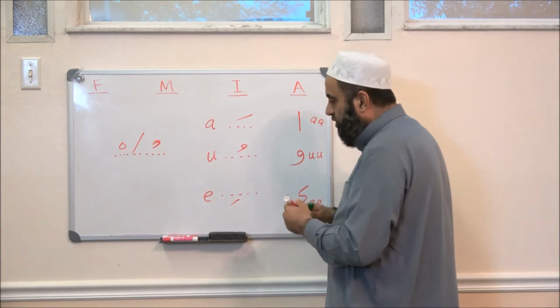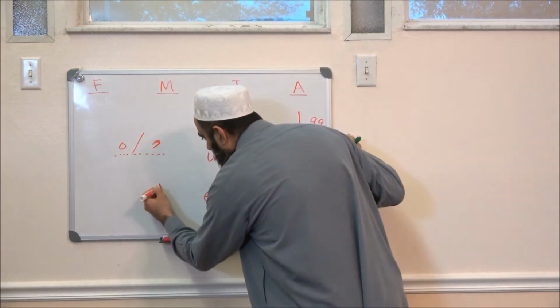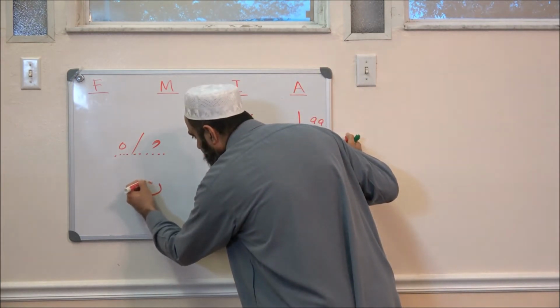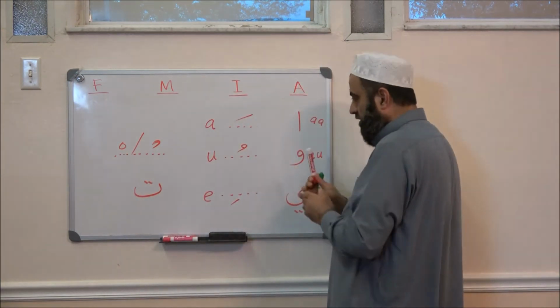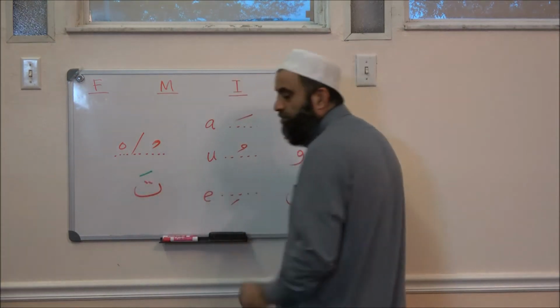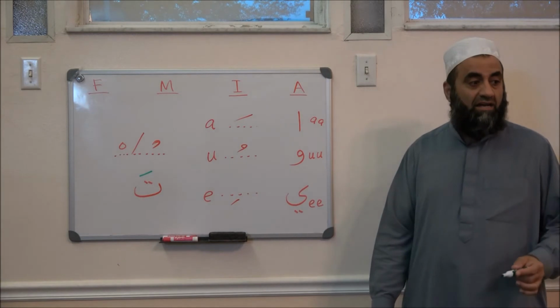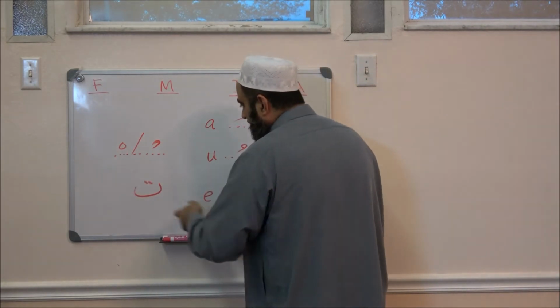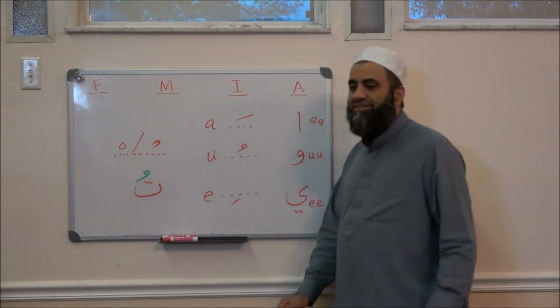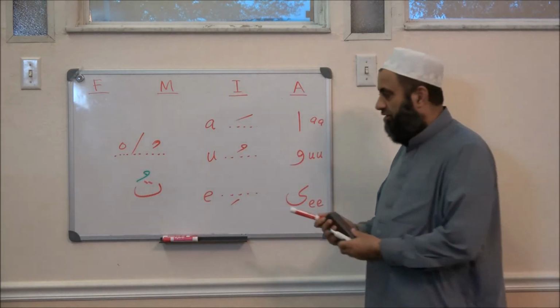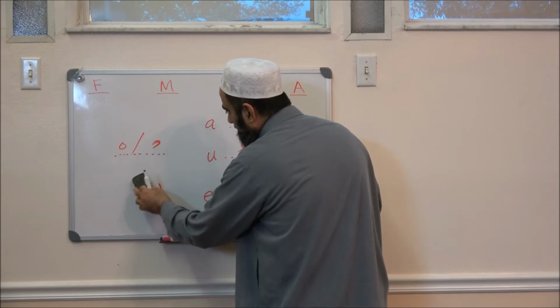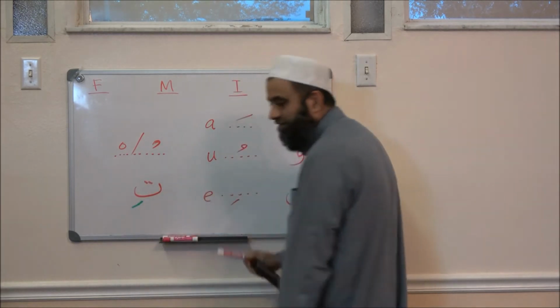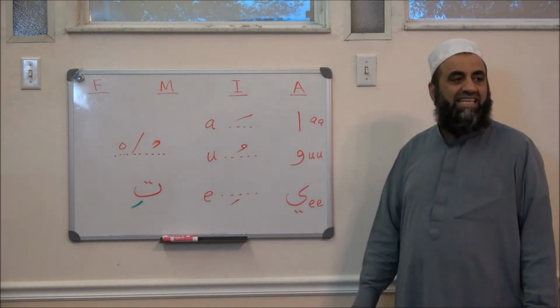If we illustrate with the letter ta, for example, with one accent on the top, this would be ta. And now it will be tu. And now it will be ti.